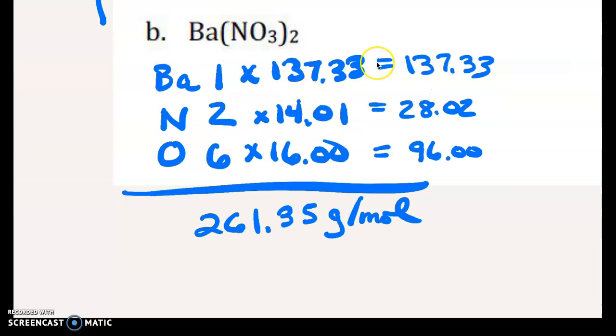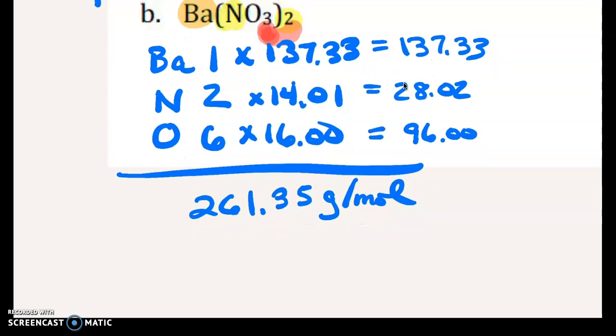I kind of accelerated it a little bit. I'm calculating the molar mass, taking the fact that I have 1 barium, 2 nitrogens, and 6 oxygens, and you can see that I multiply those out. I did show the masses of each of those, and then totaled them.